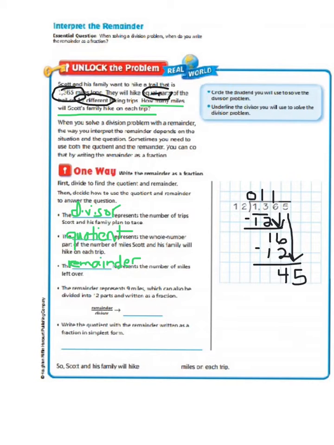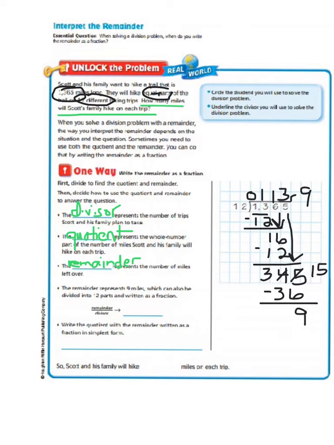And that's 45 divided by 12. Well, we know that we can get close to that without going over by multiplying 12 times 3, which equals 36. 45 minus 36 leaves us with 9. Okay? Now, 9 becomes our remainder of 9.